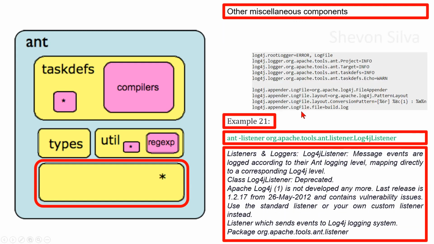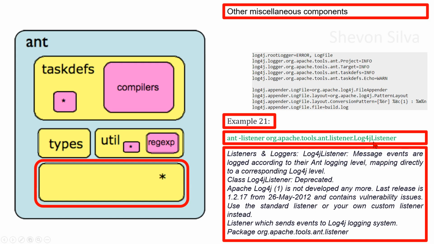Now we are considering log4j listener. In listeners and loggers, message events are logged according to their logging level, mapping directly to the corresponding log4j level. The class log4j listener is deprecated.